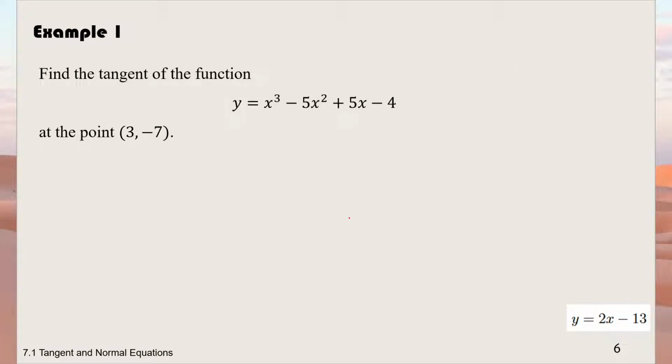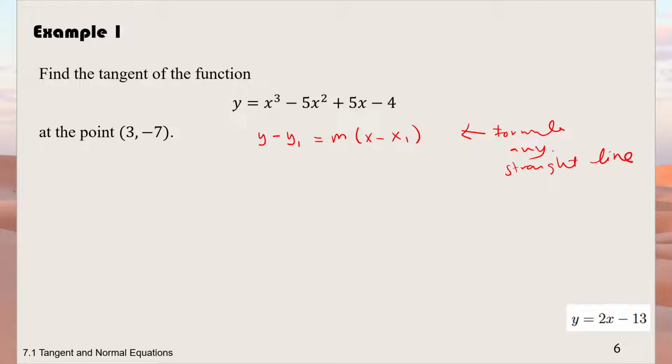Okay, now we look at the first question. Find the tangent of the function y equals x cubed minus 5x squared at the given point. So first, what we need for forming a tangent is y minus y1 equals m times x minus x1. This is a standard formula for any straight line.